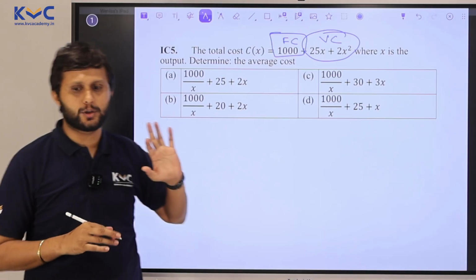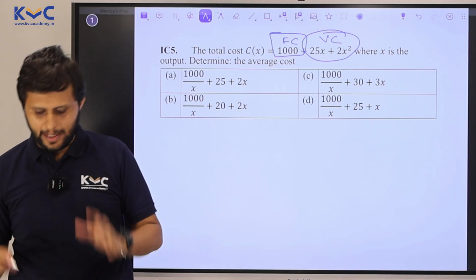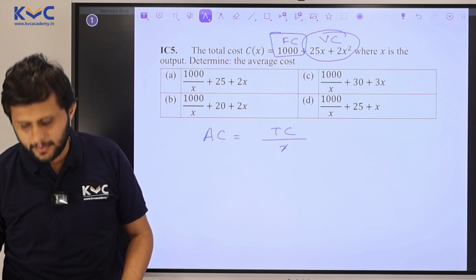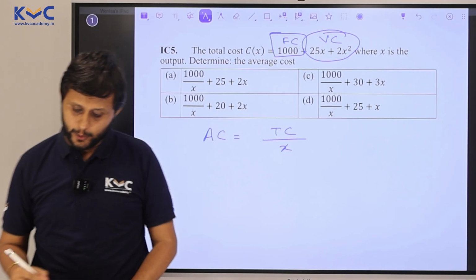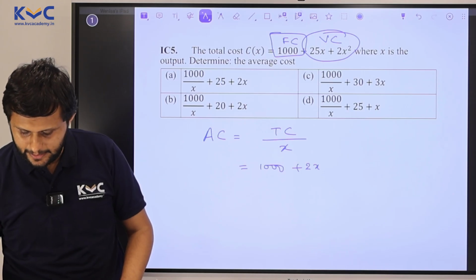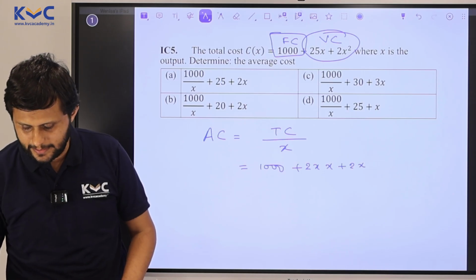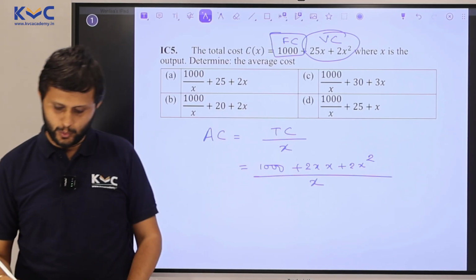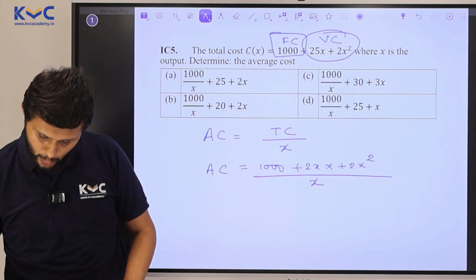The average cost. Okay, now how to calculate average cost? Average cost is equal to total cost divided by number of units, which is x. Total cost function is given, 1000 plus 25x plus 2x square, all divided by x. Correct? So we have average cost.